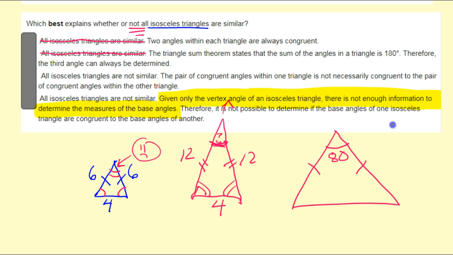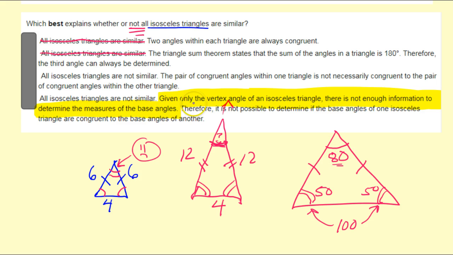Because of the triangle angle sum theorem, all of these angles have to add up to 180. So there's 80 right there. That leaves 100 left for the other two. And the base angles have to be equal. So if there's 100 left and it has to be equal, that means it has to be 50 and 50. So we could figure out the base angles as long as we were given the vertex angle.